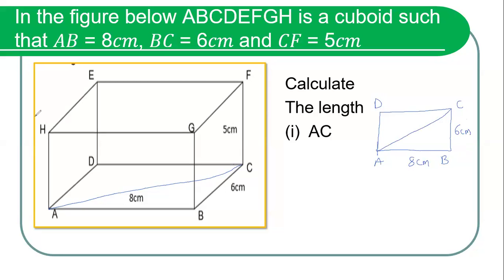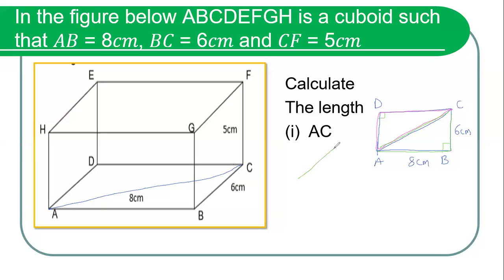Some of you can decide that I want to use this triangle like this. It is very okay. Others can say, I want to use this triangle here. It is very okay, as long as that triangle you are using is connecting you to SC. And we say that the triangle we are forming here is a right-angled triangle, and being that it is a right-angled triangle, we now apply the Pythagoras theorem.